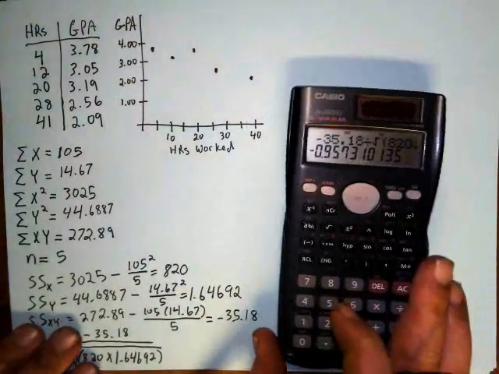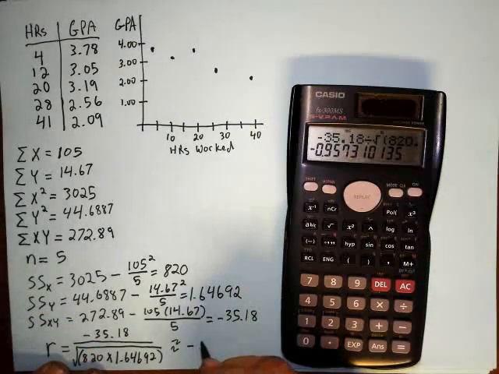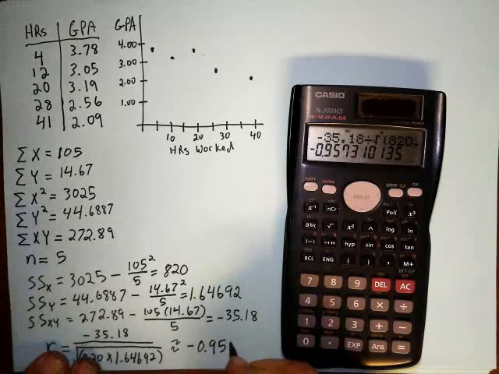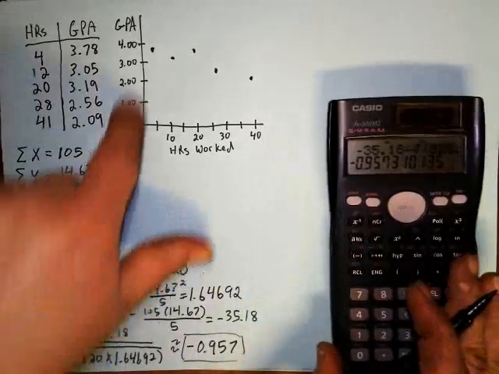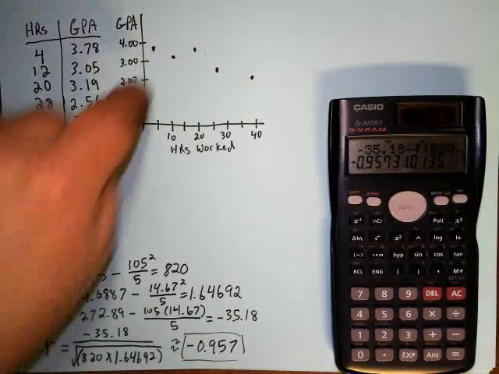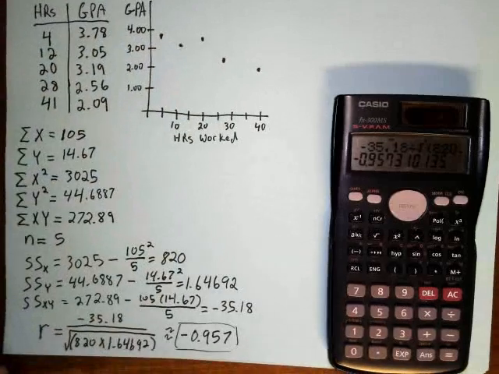And I get, and then I'm going to round this to 3 decimal places, negative 0.957. So indeed, this has a very strong negative correlation. They do line up along some line with a negative slope.